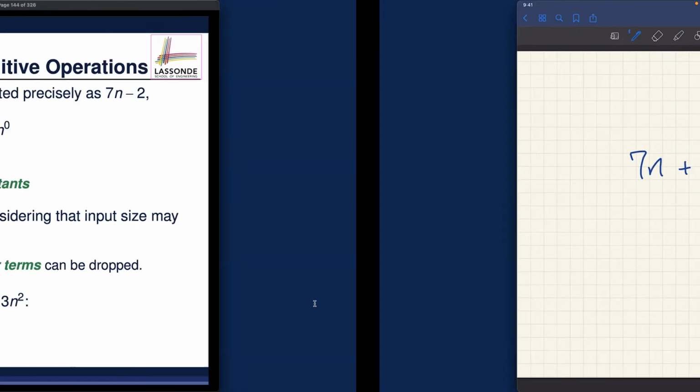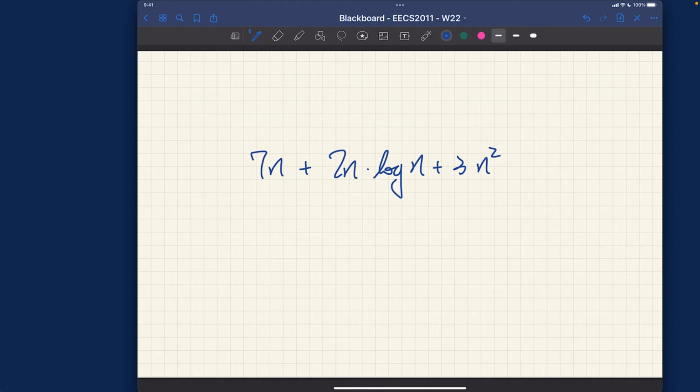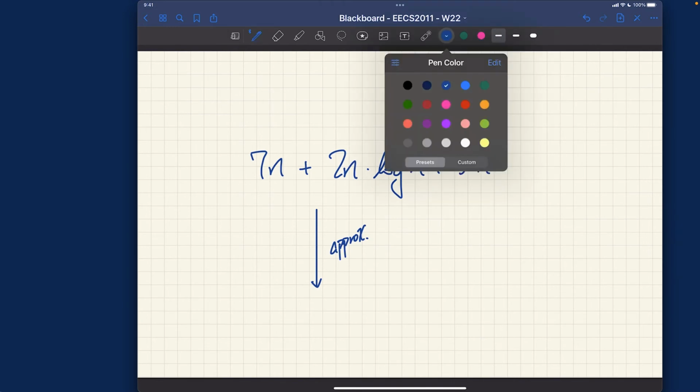All right, let me now switch to the notes over here. That's the exercise we're doing. So how can this be approximated? Well, let's try to find out the highest power. Let's be a little more verbose over here.